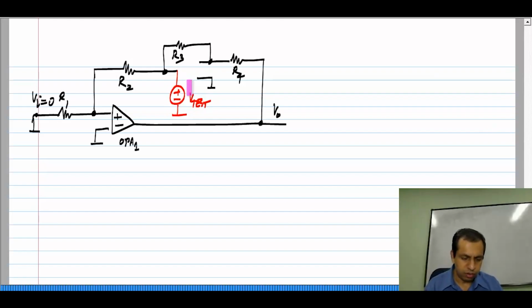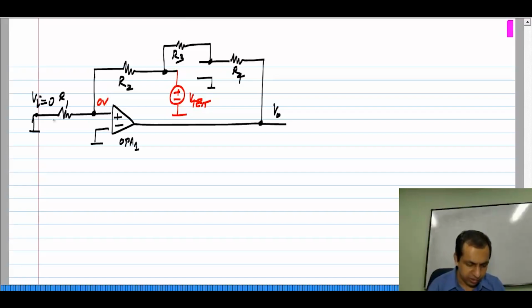Now, what to do with OPA 1? We can try the same assumption, that is that OPA 1 would be in negative feedback. So, its inputs are virtually shorted. But now, we will run into a contradiction, because let us assume that the inputs of OPA 1 are virtually shorted. So, that means the non-inverting input is at 0 volts.